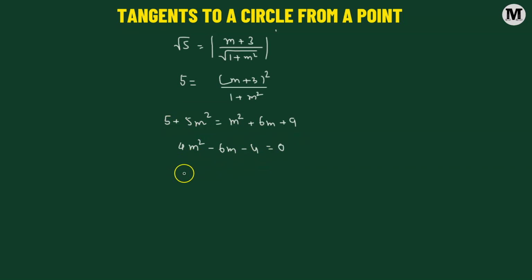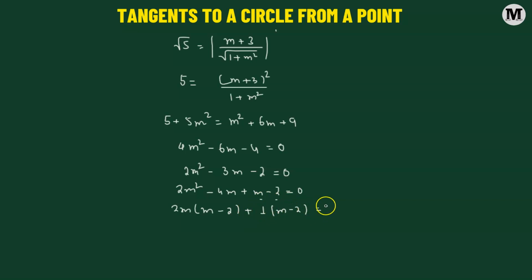Each of the terms is a multiple of 2, so we can factor out 2 to get 2m squared minus 3m minus 2 equals 0. Now we can split the middle term to get 2m squared minus 4m plus m minus 2 equals 0. We take 2m as the common factor from the first and second terms, which gets multiplied by m minus 2, and from the third and fourth terms we take 1 as the common factor, so 1 multiplied by m minus 2.